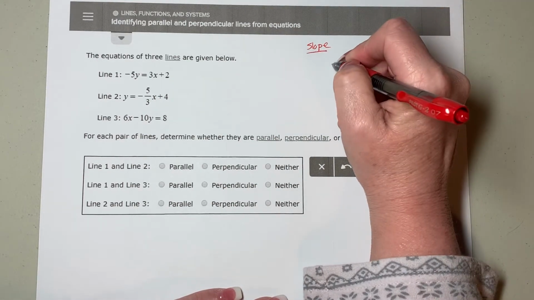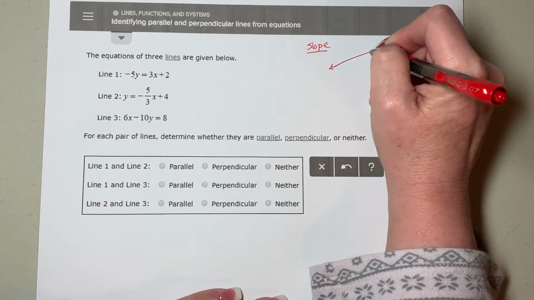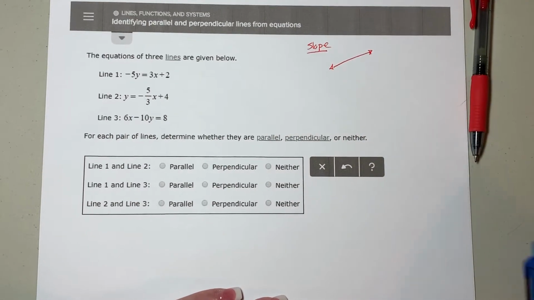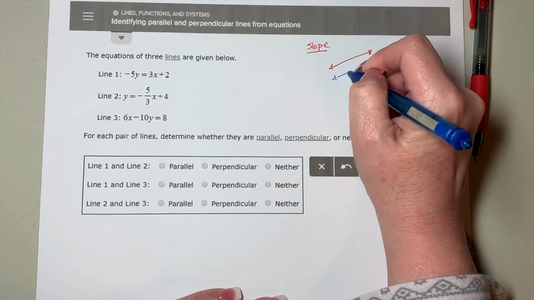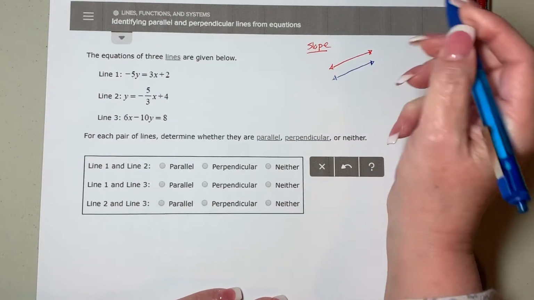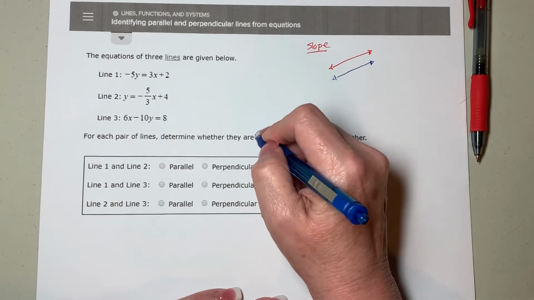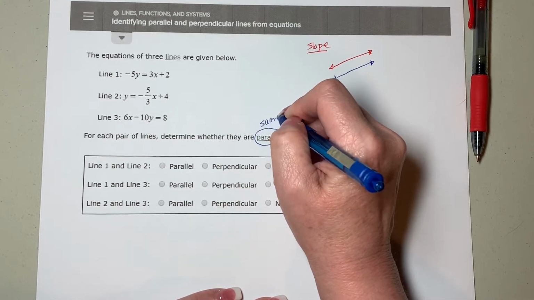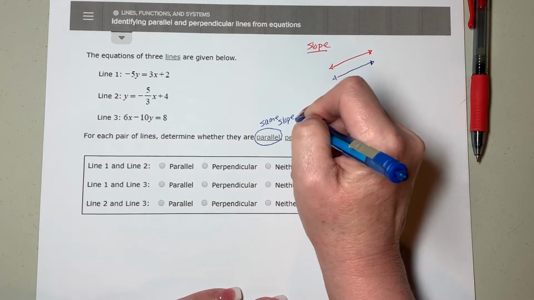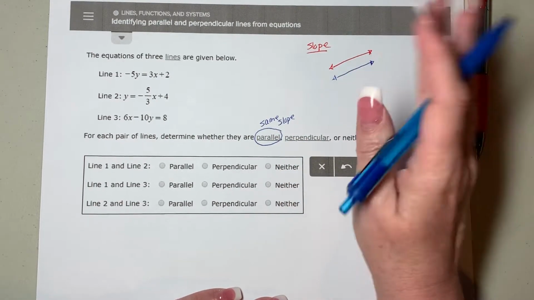So if I had two lines that run side by side and never ever touch each other, those are parallel lines, okay? And parallel lines have the exact same slope. They're slanted exactly the same way.